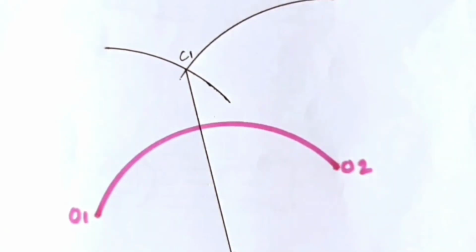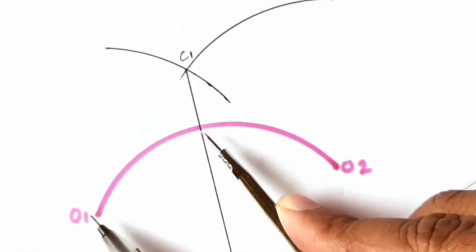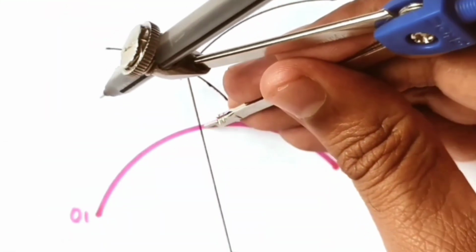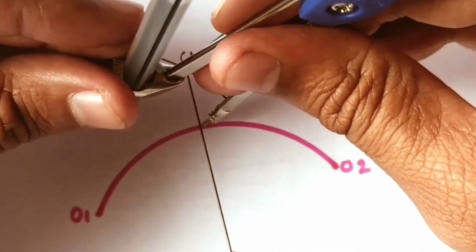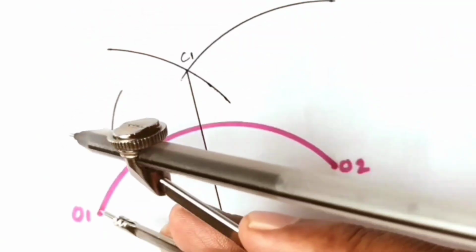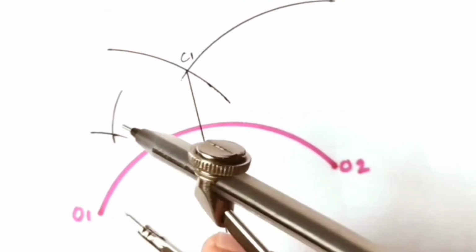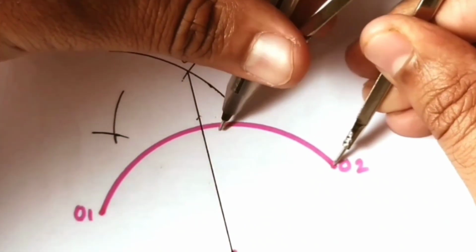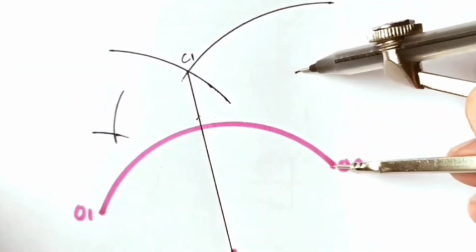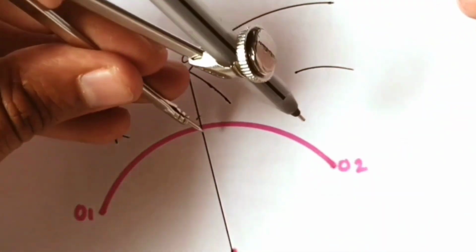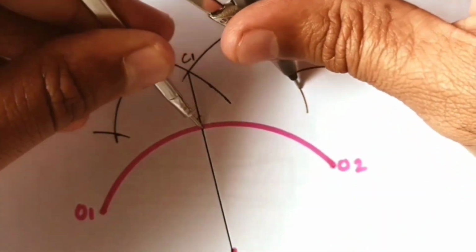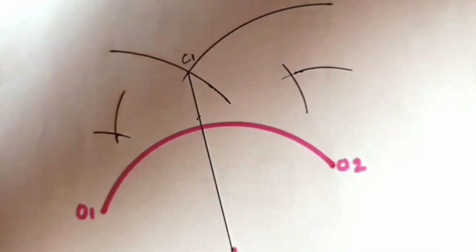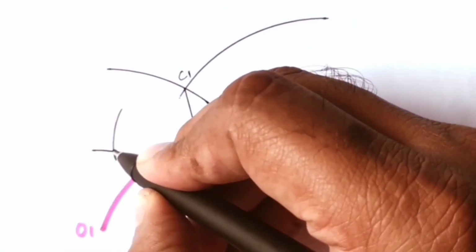Now repeat the same process for each half arc. Mark the intersection point C2 and C3.